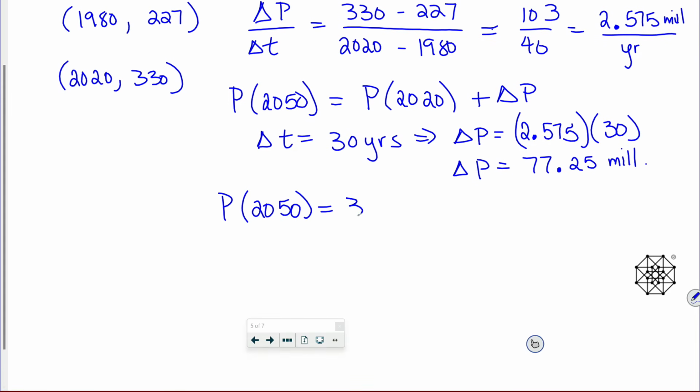Oh, 330 million plus 77.25 million, and that's going to be 407.25 million people.